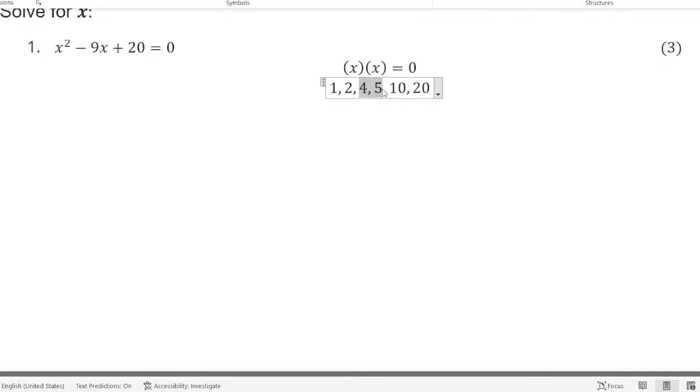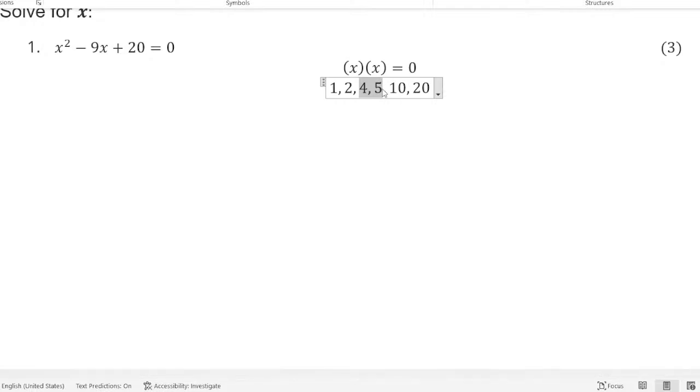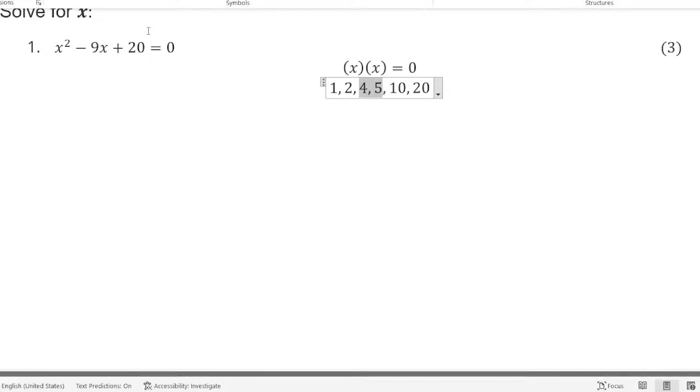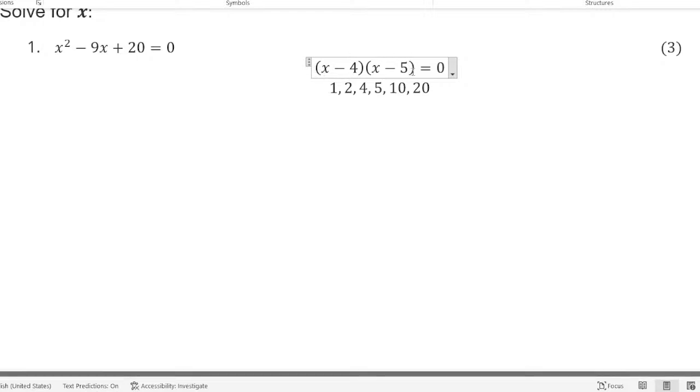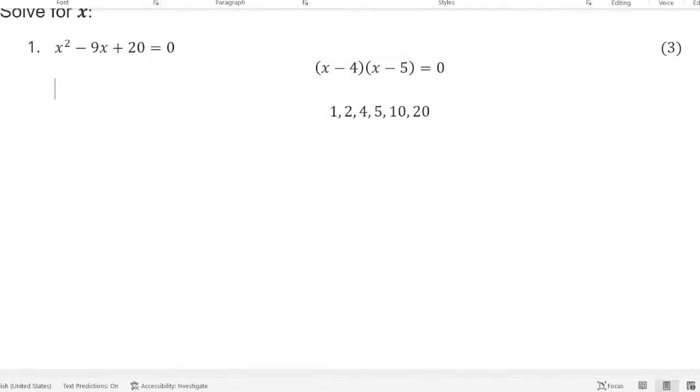If the last term is positive, we'll have the same sign, that is, we take the sign of the middle term. In this case, the middle term is negative. So here we'll have x minus 4 into x minus 5. So these are the correct factors that you're gonna use. Then from there, you know the story.